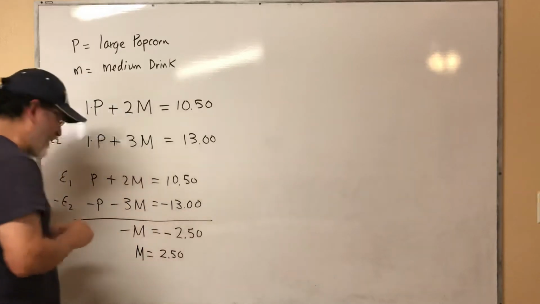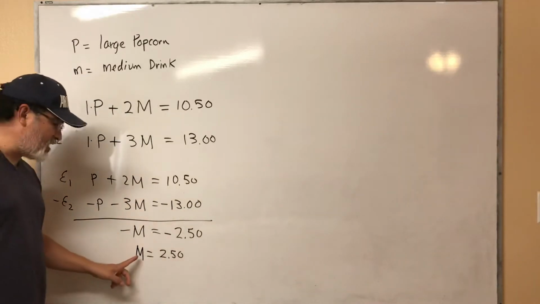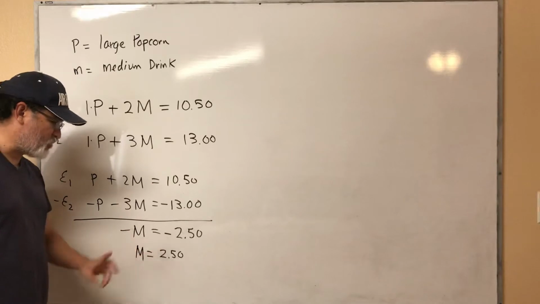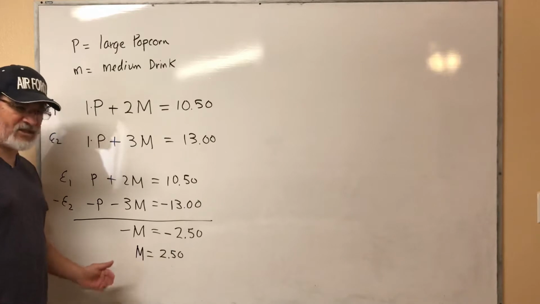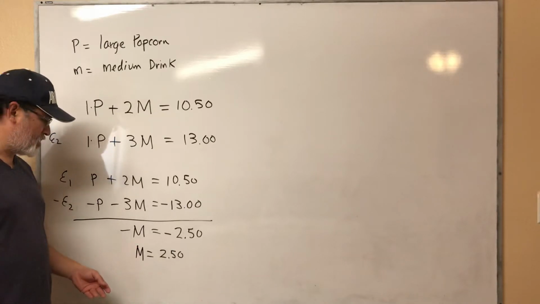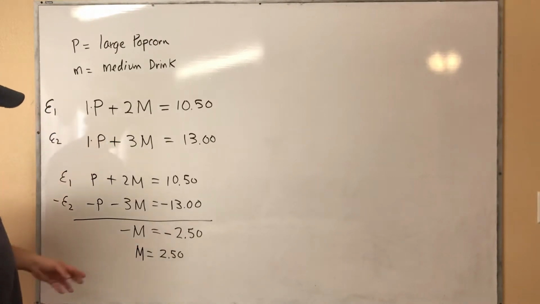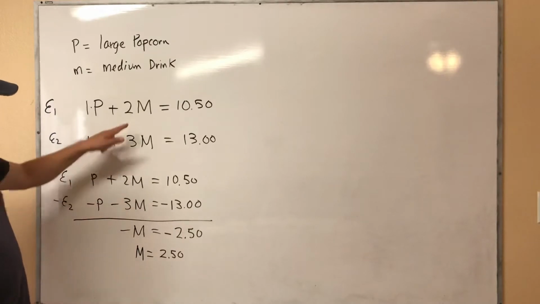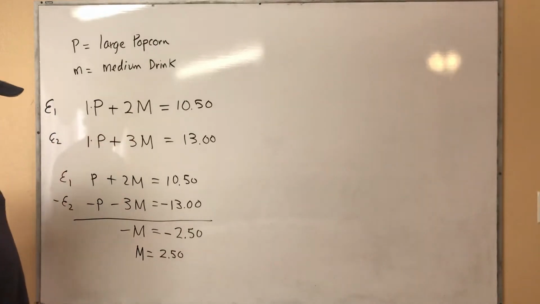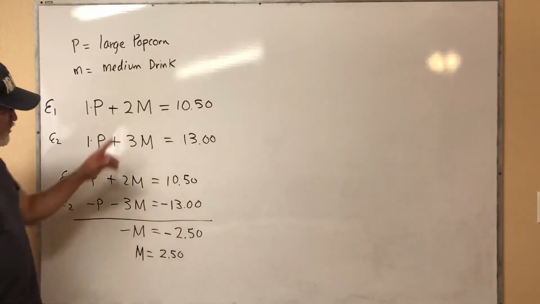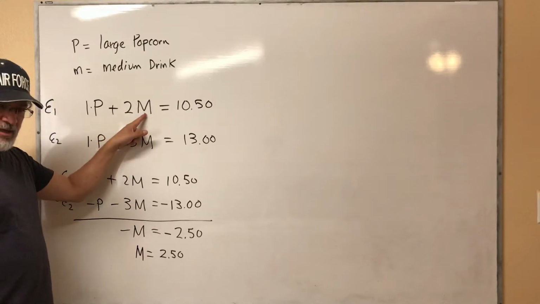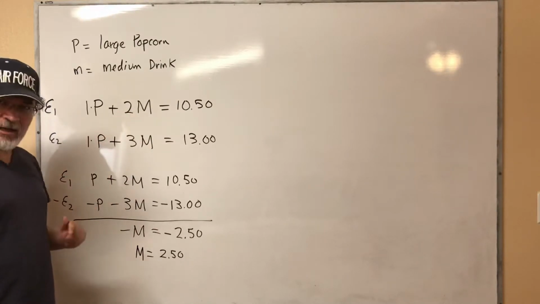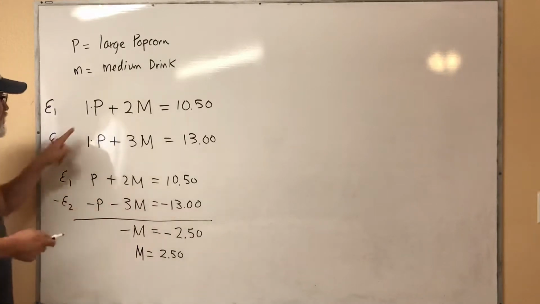So we found that a medium drink is $2.50. Now let's find out how much a large popcorn is. All we have to do is plug in the 2.50, either in equation 1 or equation 2. I'm going to plug it into equation 1. So M is 2.50. What's 2 times 2.50? Isn't it $5?